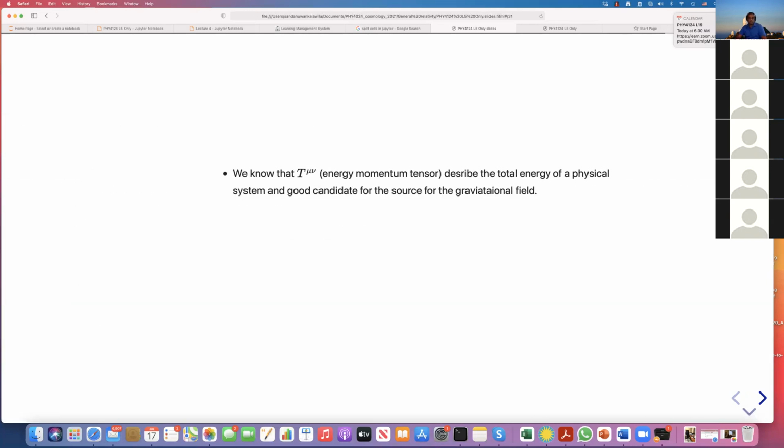So the second option may be that we know the energy momentum tensor describes the total energy of a physical system, which is again a good candidate for the source of the gravitational field. So we will keep it that way. And the other thing we know is not the metric tensor.